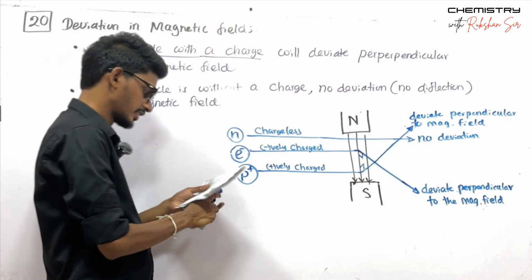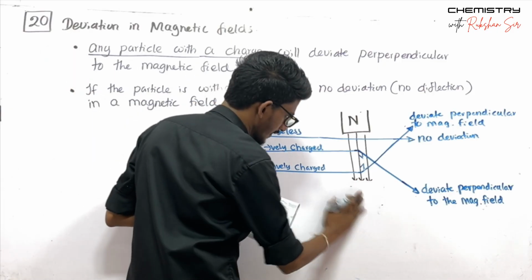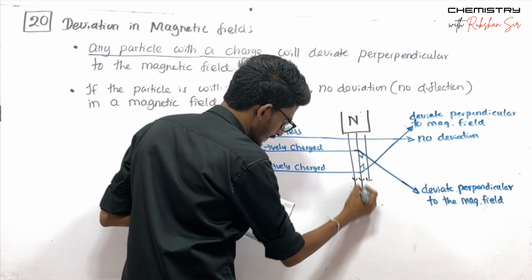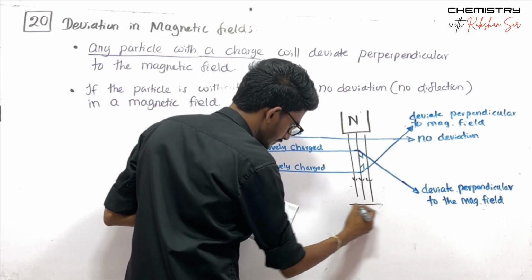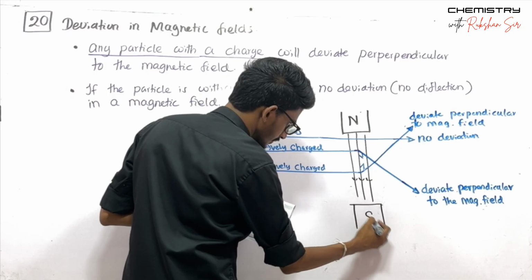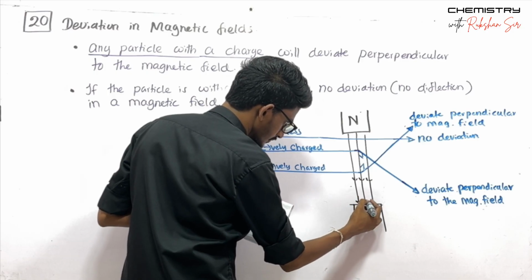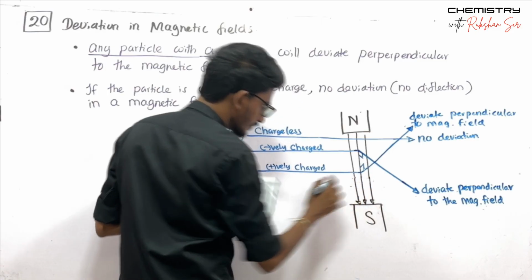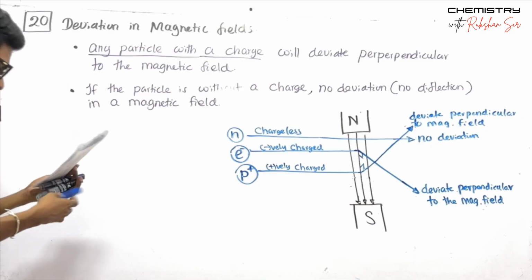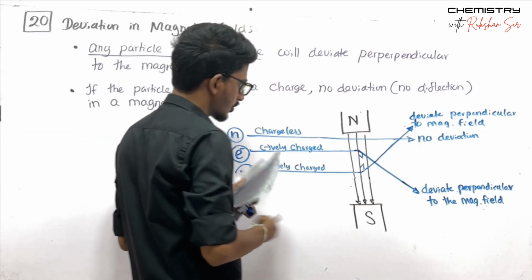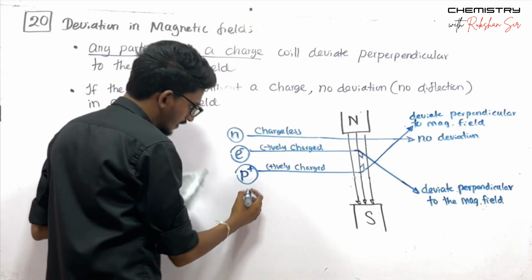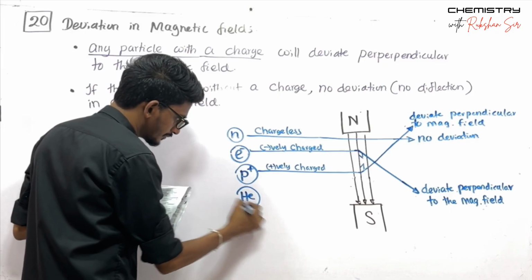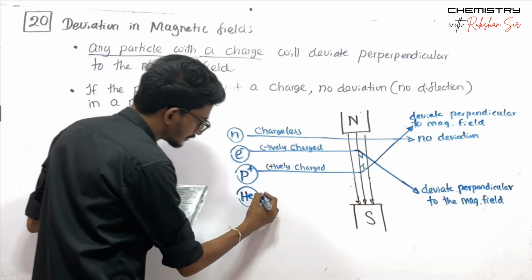Final stuff is helium atoms, right here. So no deviation there. This atom is chargeless.